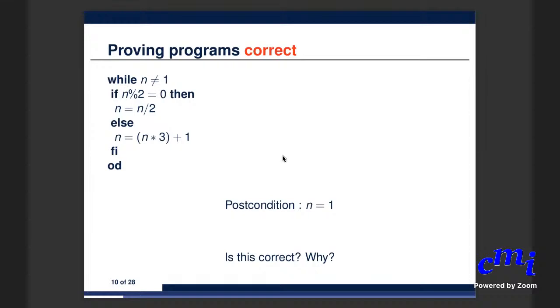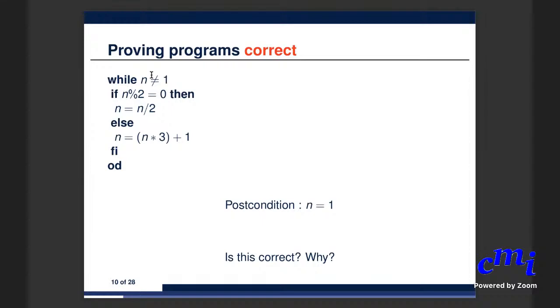Yes. So the point that I'm making here is that the question of whether this terminates or not is an open question. Whenever it terminates, n will certainly be equal to 1. What exactly are the preconditions for which it actually terminates? That's a different thing.